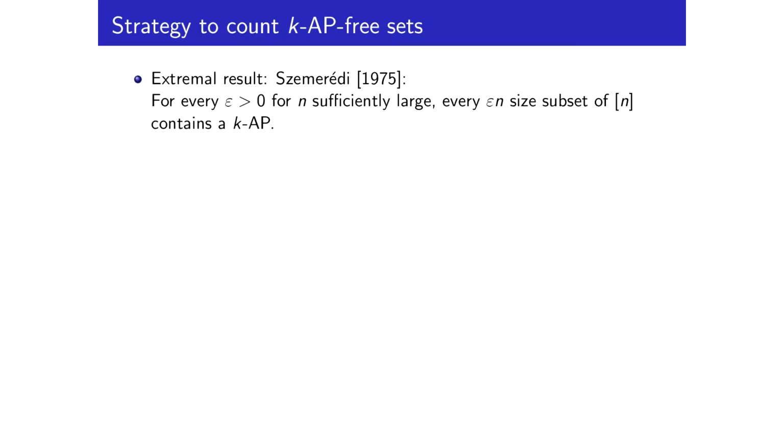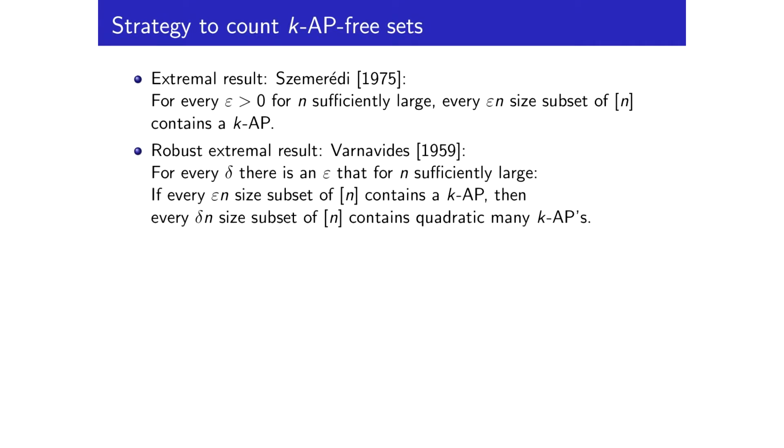So let's see a different problem. Consider arithmetic progression-free subsets of integers. There is the well-known extremal result of Szemerédi that any positive density subset of the integers contains an arithmetic progression of length k if n is sufficiently large. We need a robust version of this theorem, which was actually known earlier than Szemerédi's result.